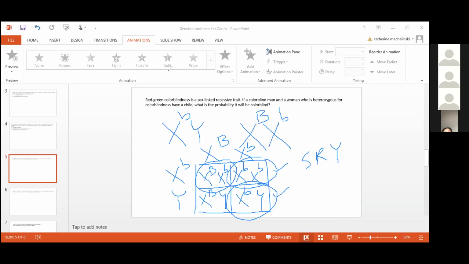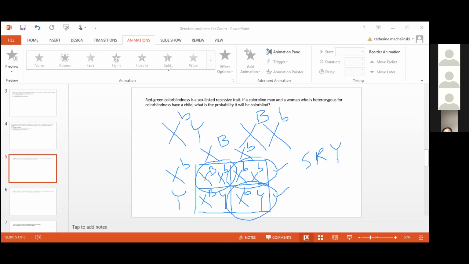So who has the SRY gene? Only people with Y chromosomes. So if you have the Y chromosome, you have the SRY gene, and therefore you're male. And if you don't have that SRY gene, then you're female. Now, it's not quite that simple, but for this level of course, it is that simple.